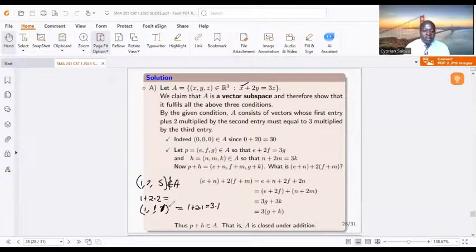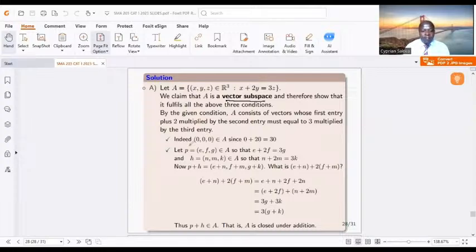So this vector here is in A. So A has this kind of vectors, and our answer is that A is a vector subspace.